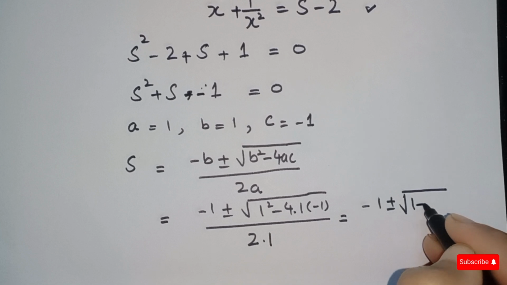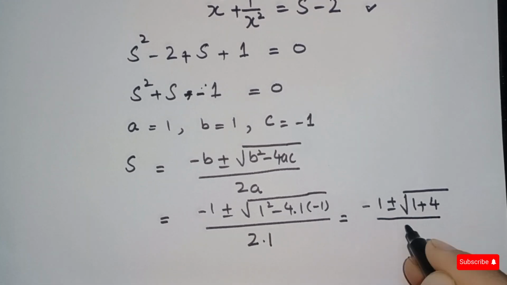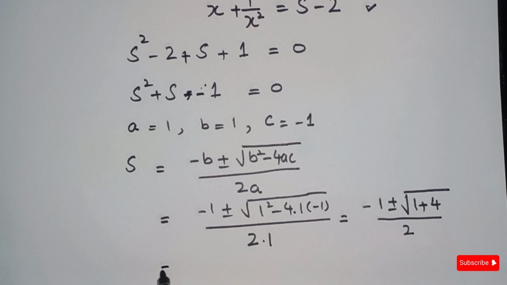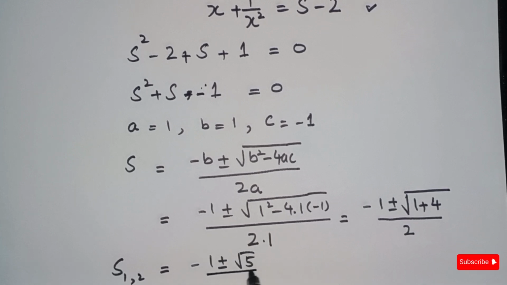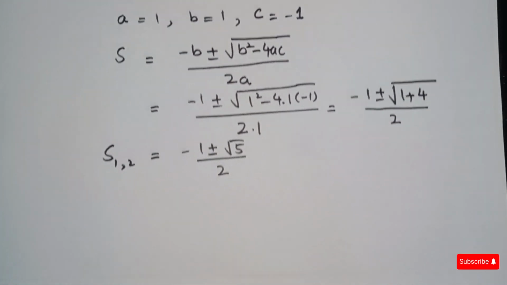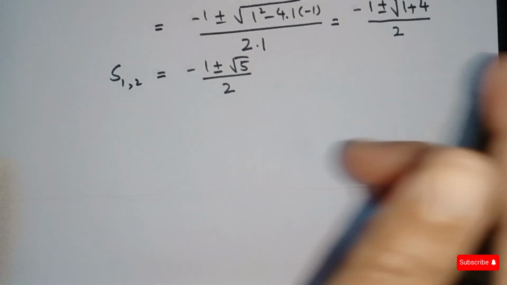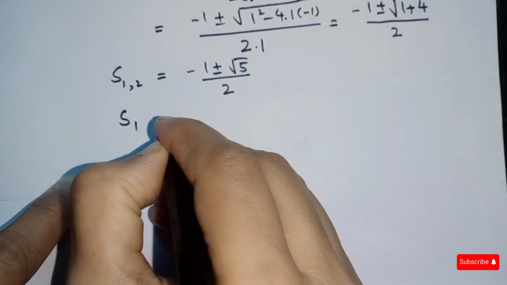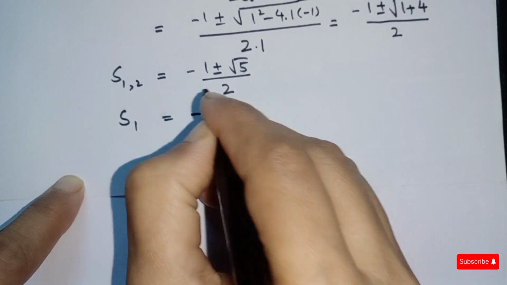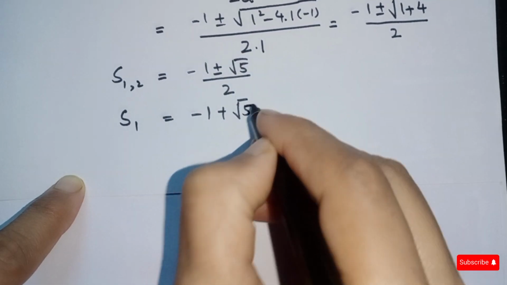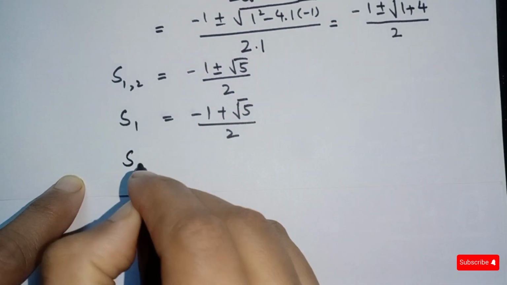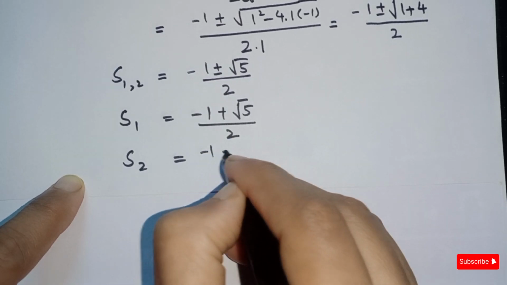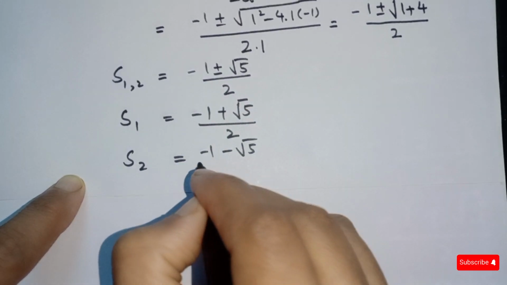This minus and minus will give us plus, so we have minus 1 plus or minus square root 5 over 2. So s1 is equal to minus 1 plus square root 5 over 2, and s2 is equal to minus 1 minus square root 5 over 2.